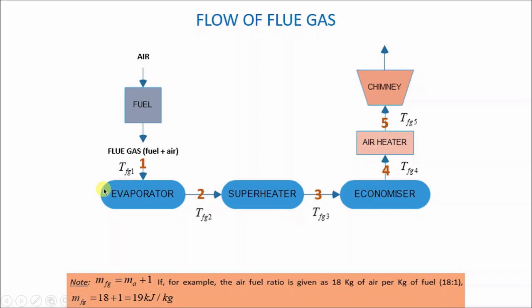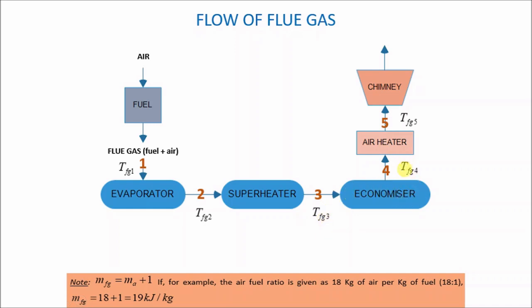And so what you see that I've written here, TFG1, that will be the temperature of the flue gas at position 1, just before it gets into the evaporator. What you see written here as TFG2 is the temperature of the flue gas out of the evaporator, just before it gets into the superheater. And what you see here, TFG3, is the temperature of the flue gas out of the superheater just before it gets into the economizer.